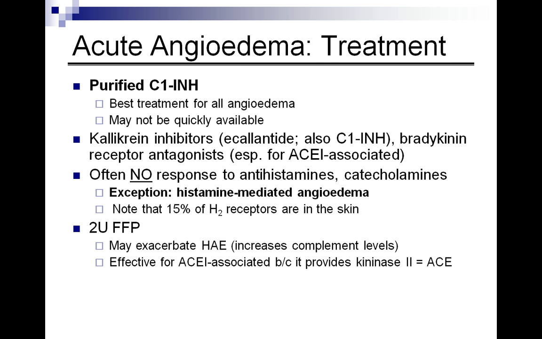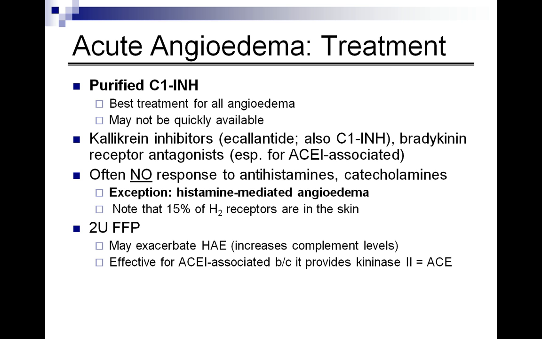Probably the most available, easiest treatment is a couple units of FFP. FFP contains the C1 esterase inhibitor, and so it may help treat the angioedema. There are some caveats. First of all, patients who have hereditary angioedema may see a paradoxic exacerbation, and that's because while you're giving the FFP, it also contains complement, and it increases the complement levels, which may worsen their syndrome.